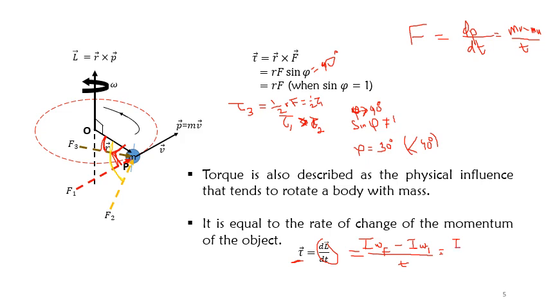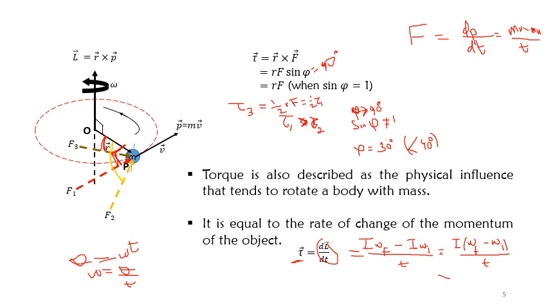Recall that this change is omega f minus omega i over t. We know, and you may recall, that theta is equal to omega t, and that means omega is equal to theta over t. So you can put it here too.